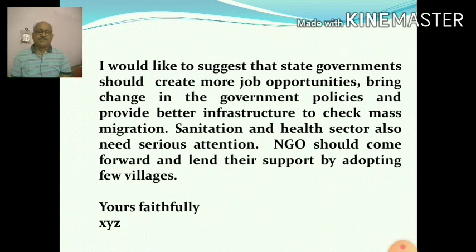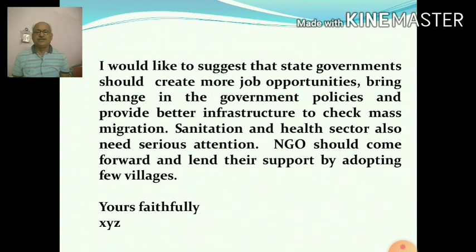I would like to suggest that the state government should create more job opportunities, bring change in the government policies, and provide better infrastructure to check the mass migration. Sanitation and health sector also need serious attention. NGOs should come forward and lend their support by adopting a few villages.